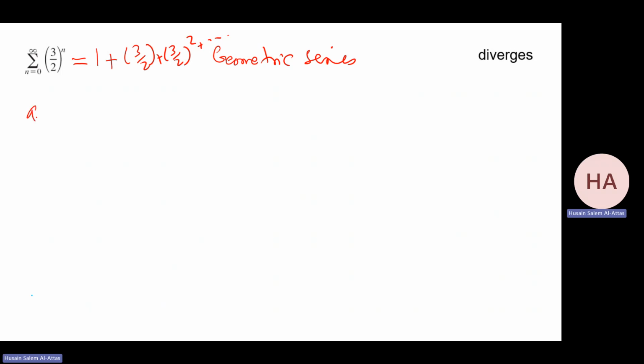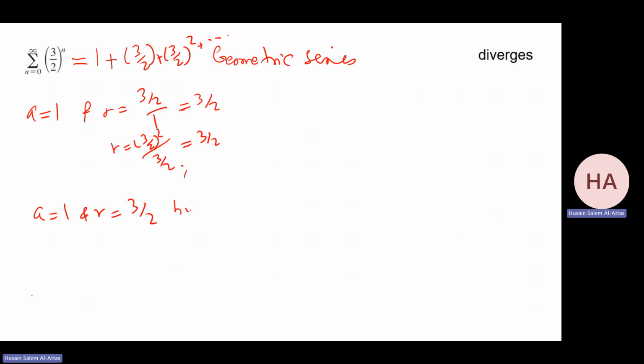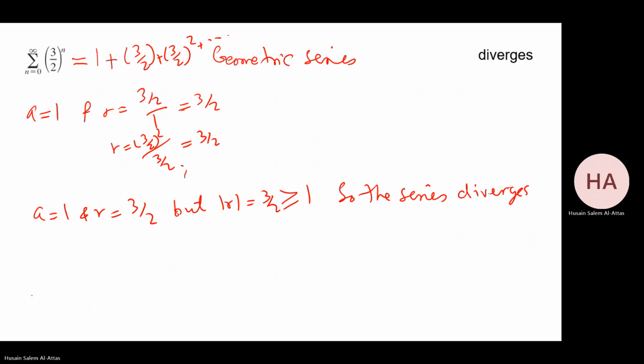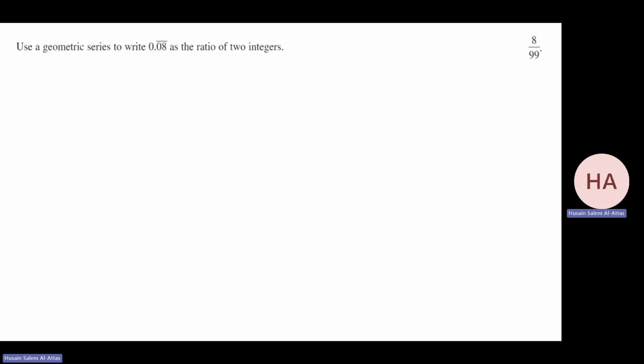So I have a equals 1 and r is 3 over 2 over 1, which is 3 over 2. 3 over 2 squared over 3 over 2 is also 3 over 2, and so on. So I have a equals 1 and r equals 3 over 2. Be careful: the absolute value of r, which is 3 over 2, is greater than or equal to 1. So the series diverges without doing anything.